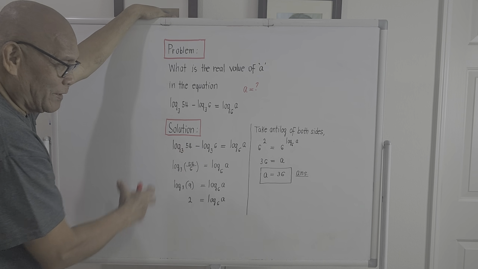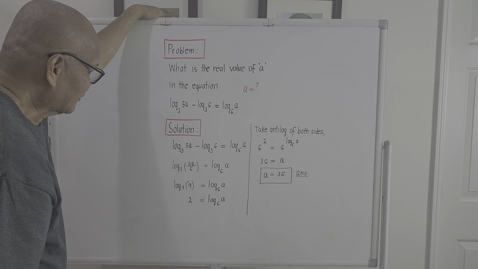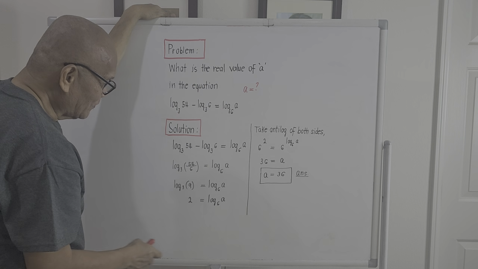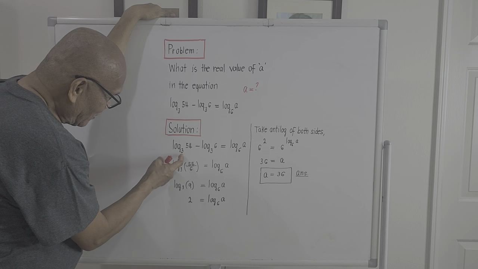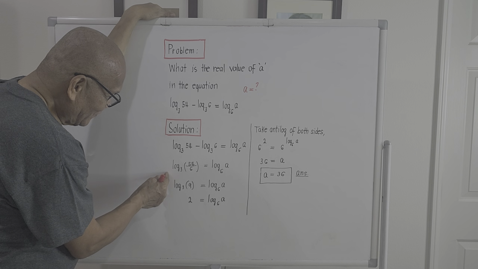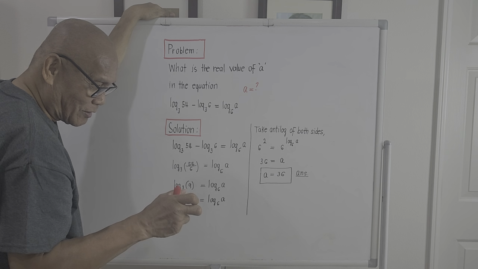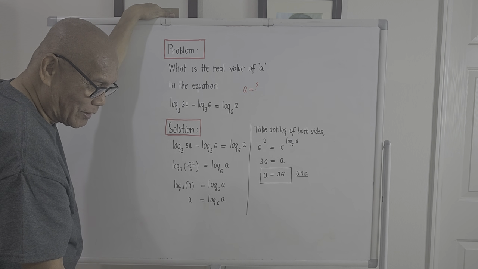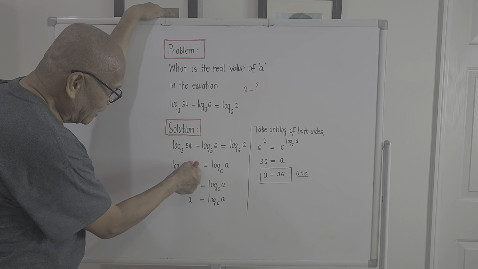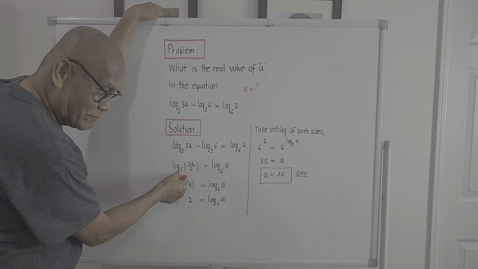For the left-hand side, we can do something. We will be rewriting this under the form where the bases are the same, right? Under the study of logarithms, whether common or natural, the logarithm of a difference is the logarithm of a quotient as long as the base is the same.